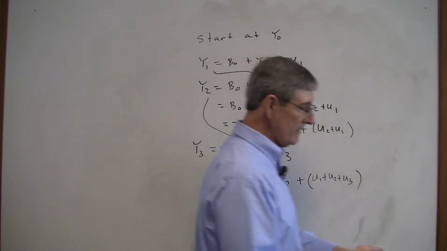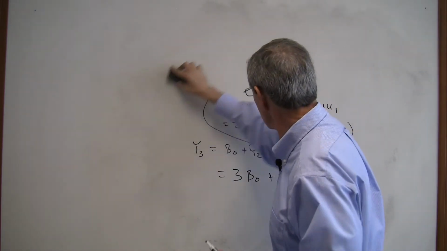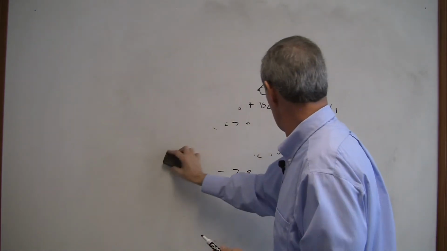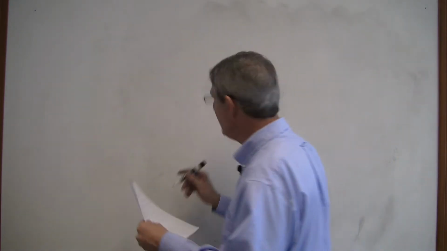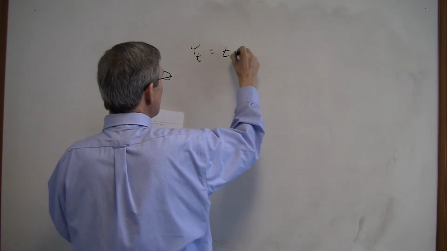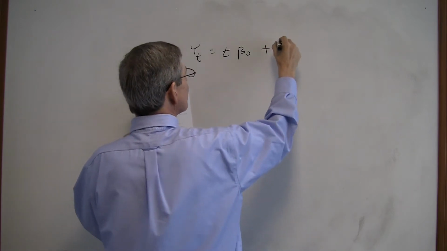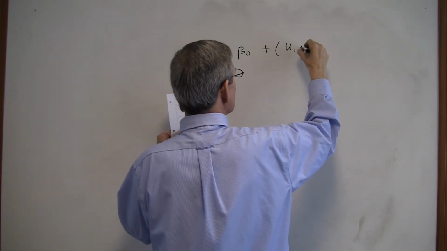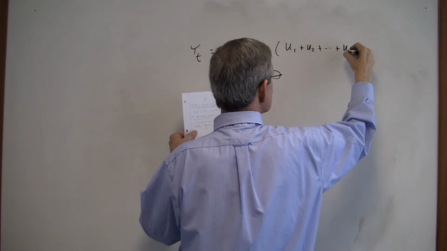Continue iterating. Find the pattern by induction. And you'll find then that yt is t beta 0 plus u1 plus u2 plus up to ut.